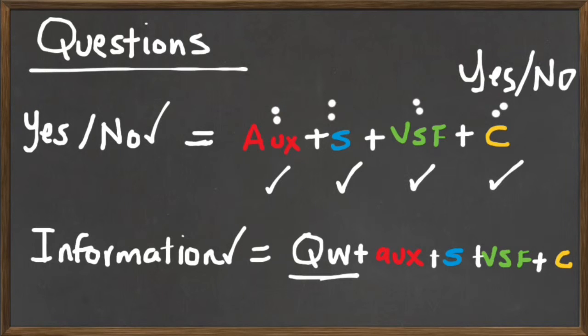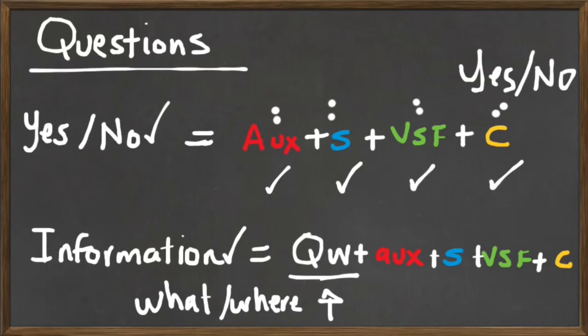If it's an information question, we have to introduce a question word. What question words are those? What, where, when, why, how, etc. And the formula goes like this. That would be question word, auxiliary, subject, verb in simple form, complement.